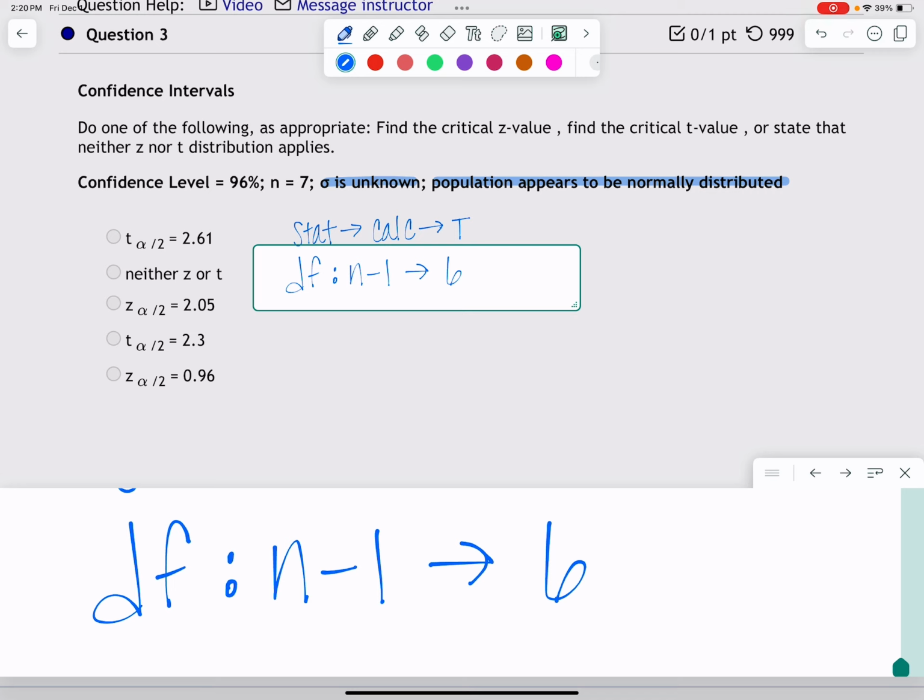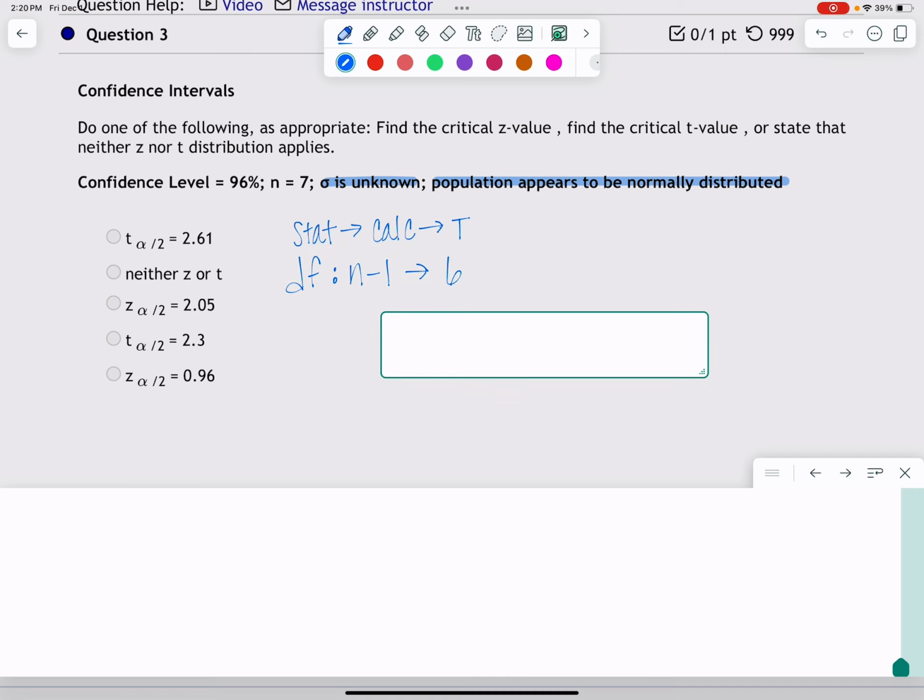And we want a confidence level of 0.96 in that far right blank. So this is sort of what my screen looks like. I have the degrees of freedom.